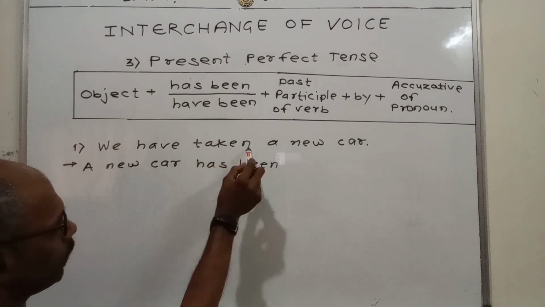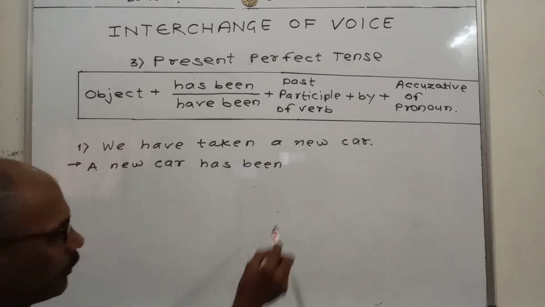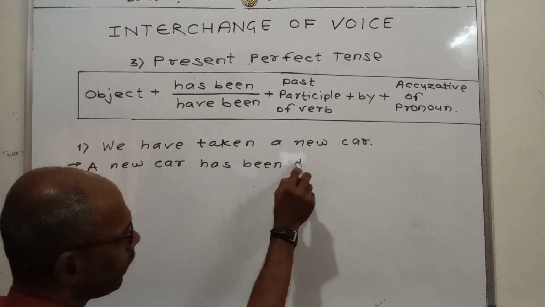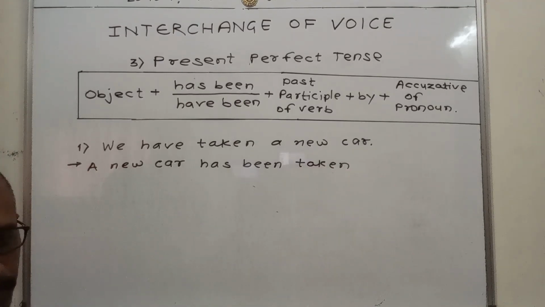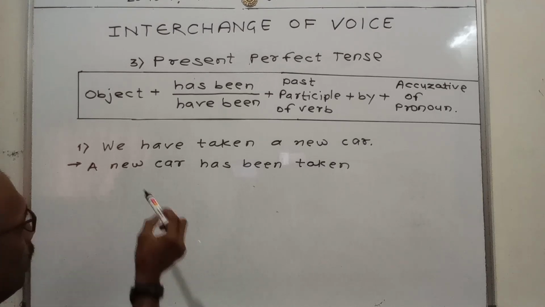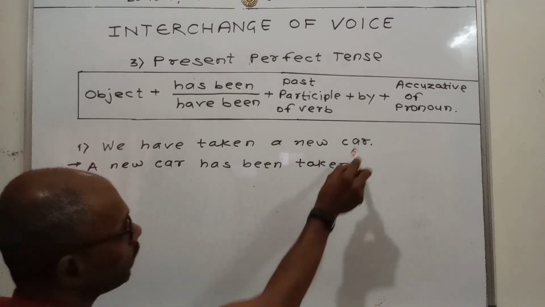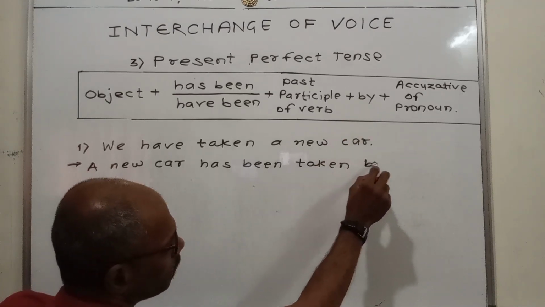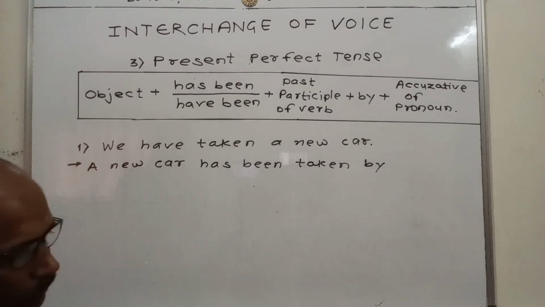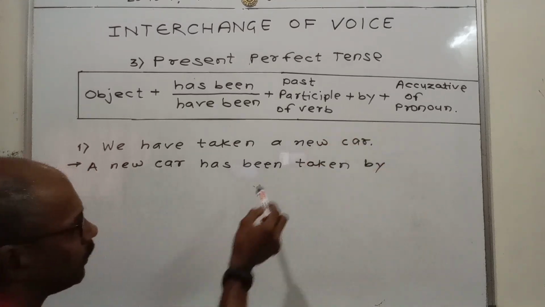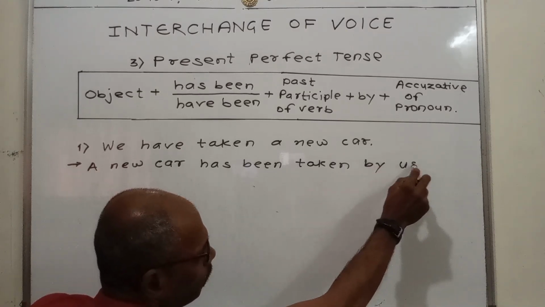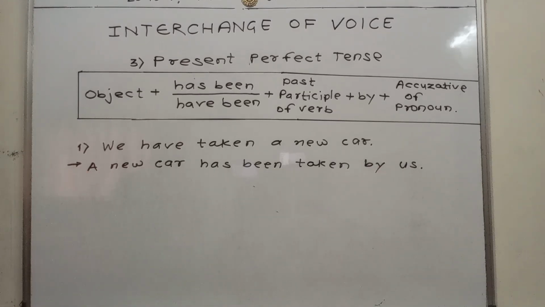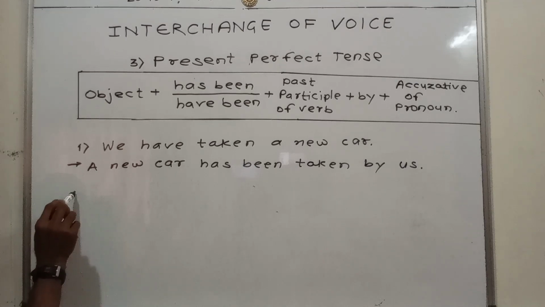What is the main verb? Taken. Because past participle we want. A new car has been taken. Then we write here by and then accusative of pronoun. Then we becomes us. Did you get it?